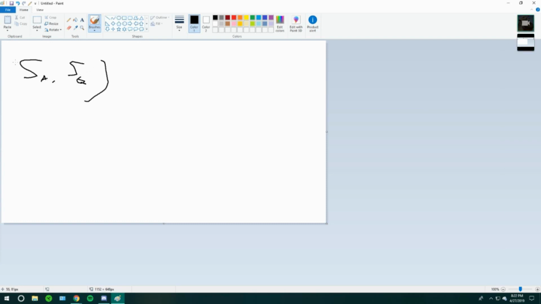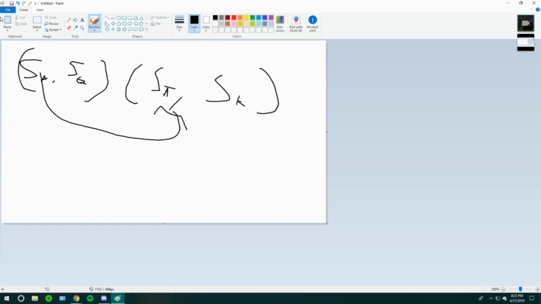Now, SA is the x, SQ is the y. Now, if you have the ace of spades again, my bad, and let's say the king of spades, that is not a function because the x repeats itself right there. And that's all it is for that one.